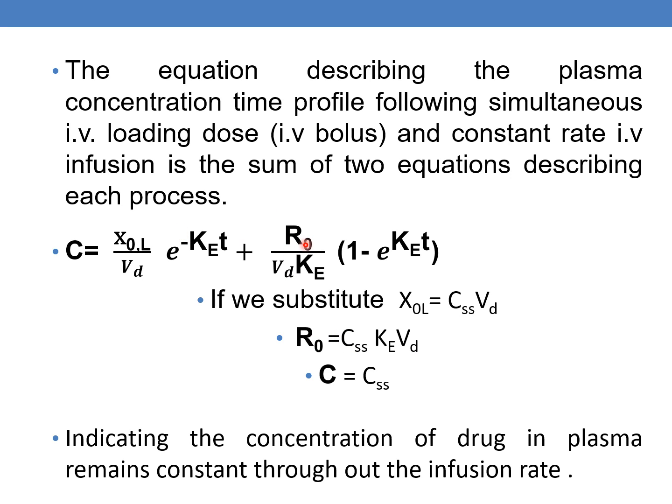In place of R0, if we place Css Ke Vd, the terms Ke and Vd get cancelled. And e to the power of minus Ket and e to the power of minus Ket also get cancelled. Finally, we get C is equal to Css, indicating the concentration of the drug in plasma remains constant throughout the infusion. Please remember it is e to the power of minus Ket, not simple Ket.